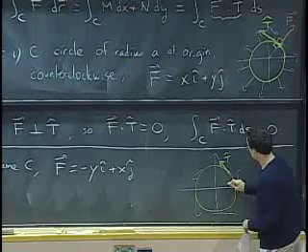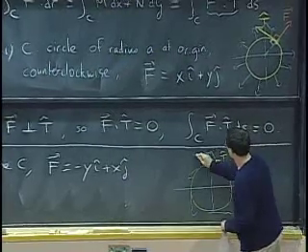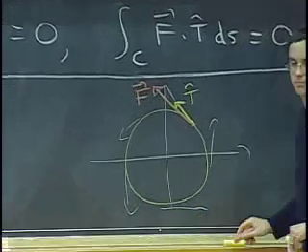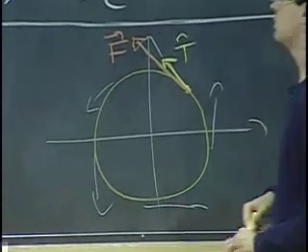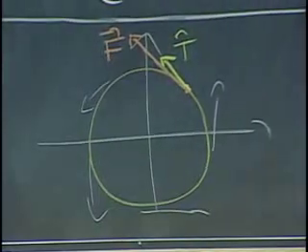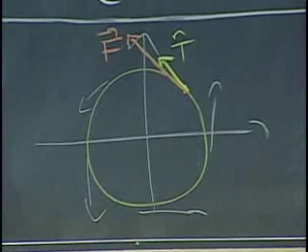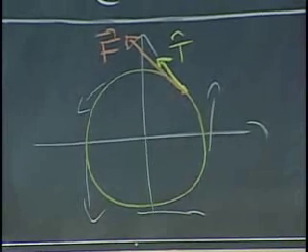So in fact, at this point, the vector field will also be going in the same direction. So now f is actually parallel to the tangent direction.